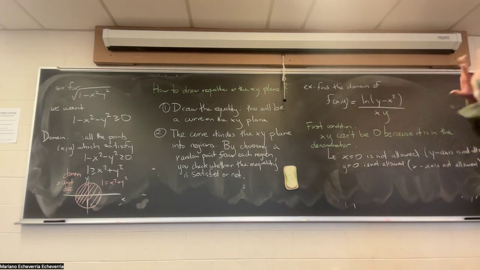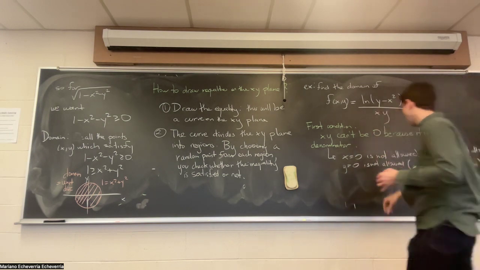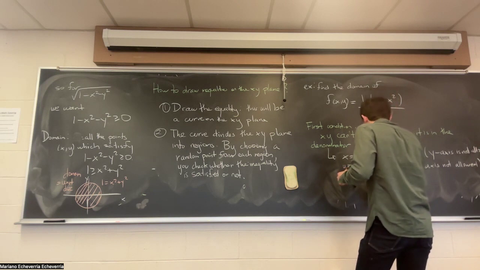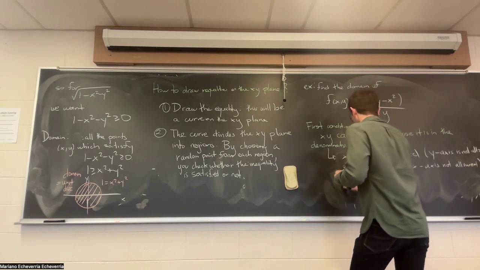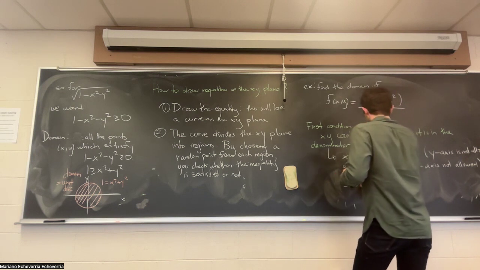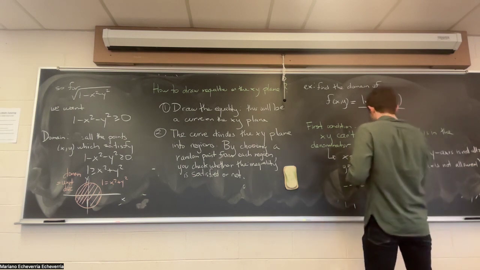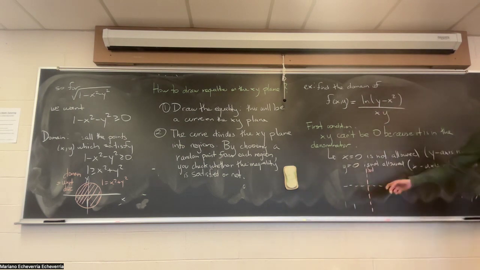Just to draw a preliminary picture, this is the information I'm getting from the denominator. What I'm trying to say is that you want to think of the y-axis as a bad line. So this is bad, and you also want to think of the x-axis as being bad. So don't even think about putting a point on either of these two lines, because everything gets ruined.